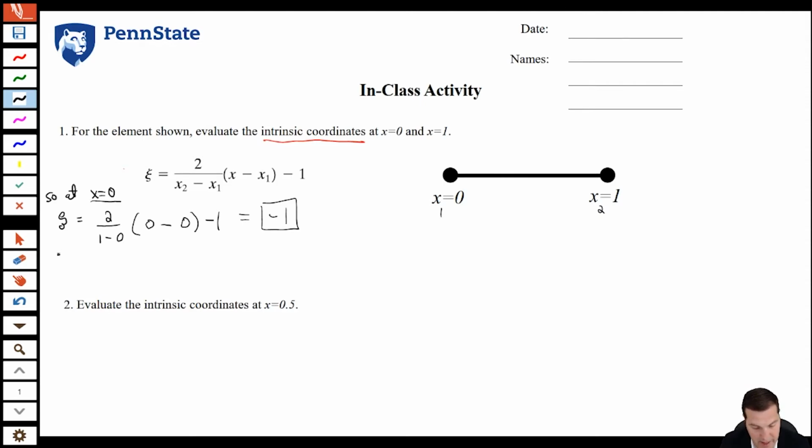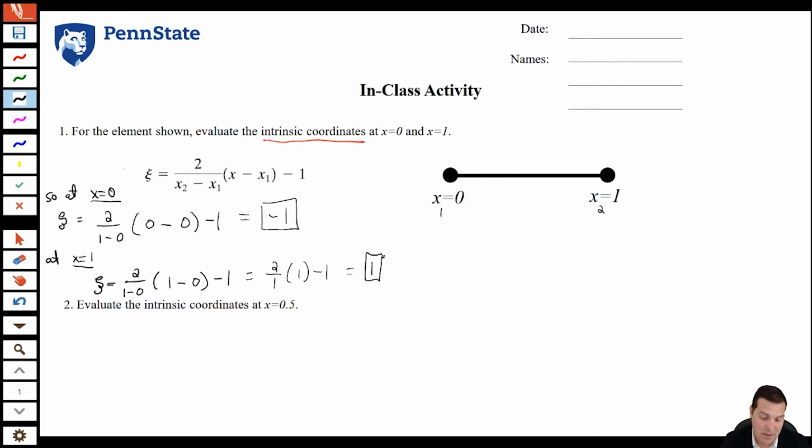All right, next question. At x equals 1. Same thing. We have our psi function equal to 2 over (x2 minus x1), which is always the same. And then the quantity here, x is equal to 1, minus x1, which is 0. So that's going to be equal to 2 over 1, times 1 minus 1, so that's going to be equal to 1.